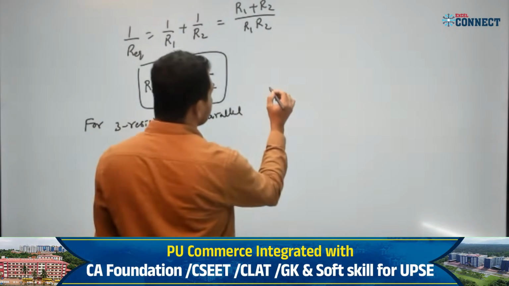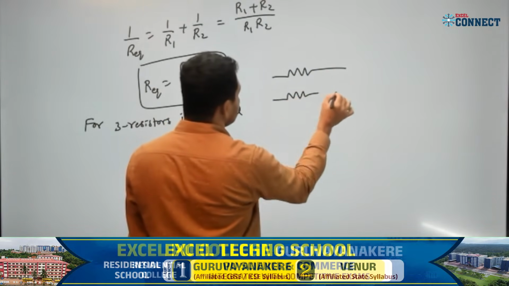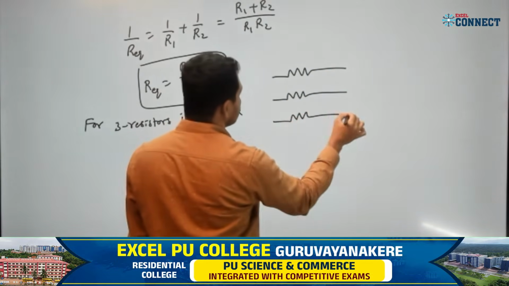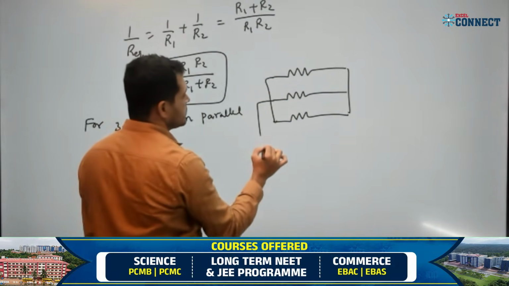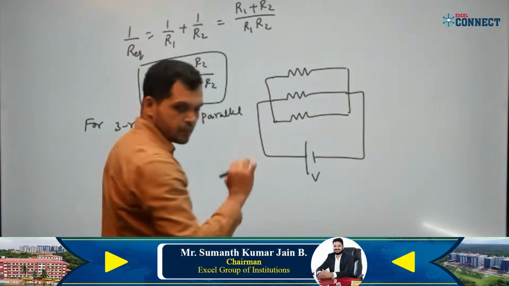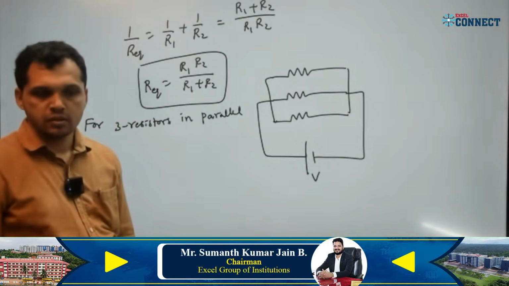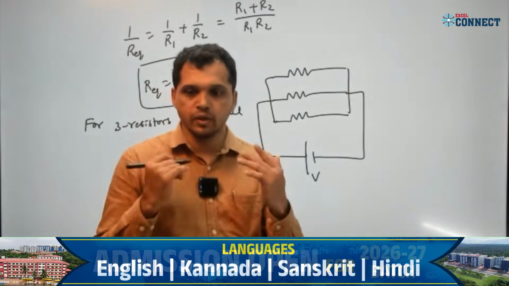If three resistors are in parallel, then our circuit becomes the first resistor, second resistor, and third resistor in parallel. Hope you can understand. I will connect with the same battery V. Students, if you have any doubts, any clarification required in between, you can ask.